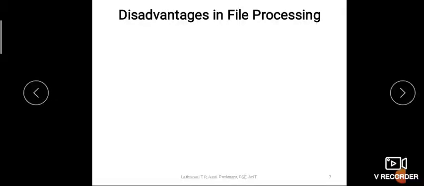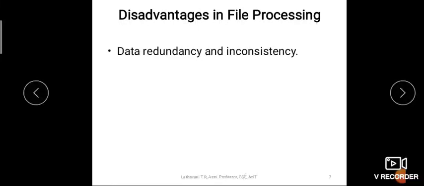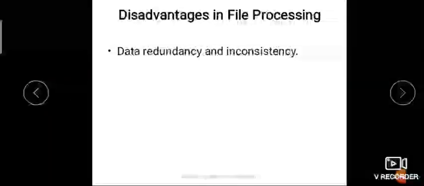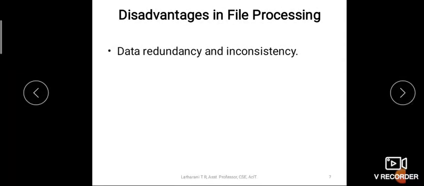So what are the disadvantages? First, data redundancy and inconsistency. Redundancy means repetitive presence of data, and inconsistency means the data is not consistent. If some changes are made in one place, they will not automatically be made in the other places.